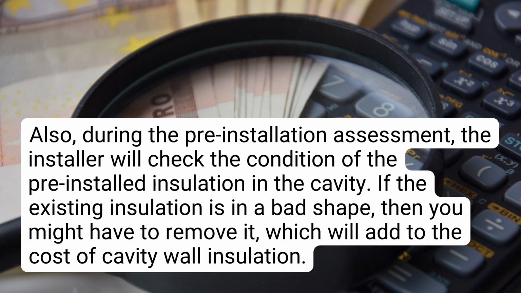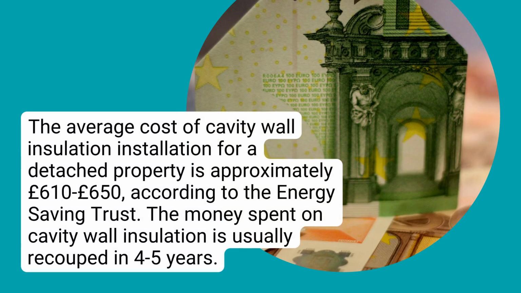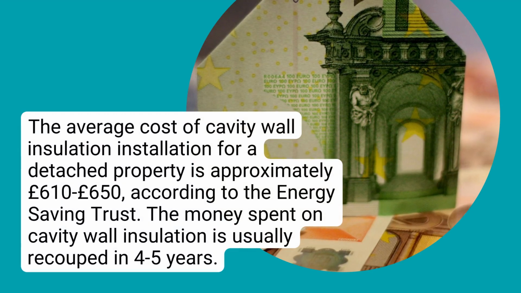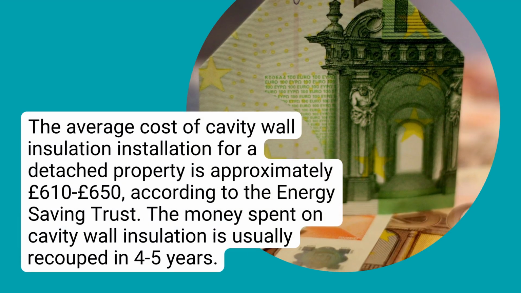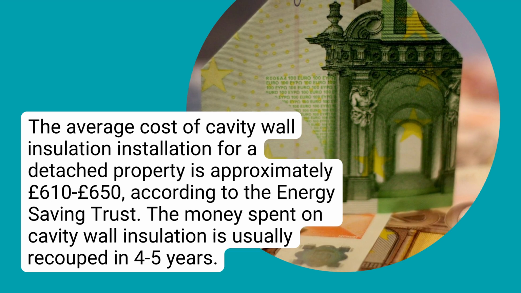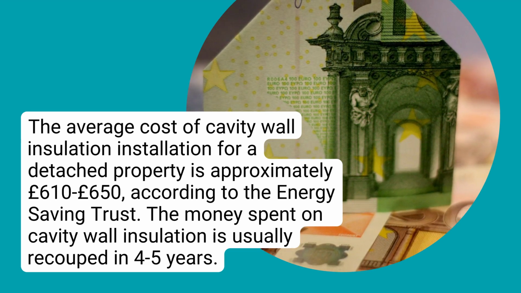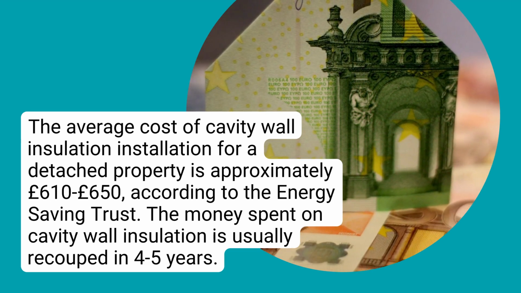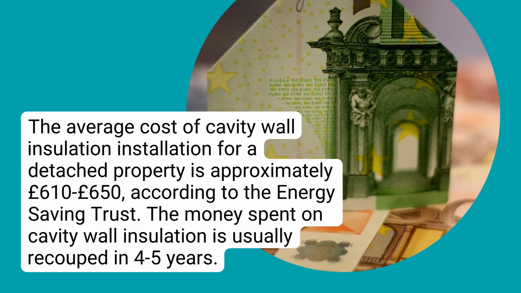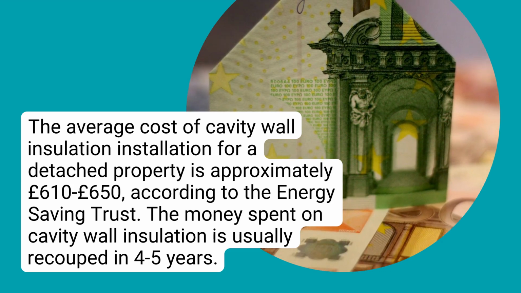If the existing insulation is in bad shape, then you might have to remove it, which will add to the cost of cavity wall insulation. The average cost of cavity wall insulation installation for a detached property is approximately £610 to £650, according to the Energy Saving Trust. The money spent on cavity wall insulation is usually recouped in 4 to 5 years.